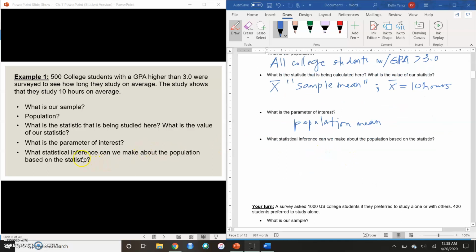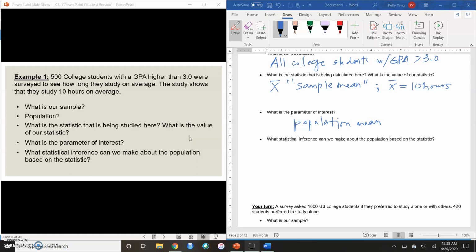Finally, being able to make a statistical inference on the population based on our statistic. Based on our statistic, we know that these 500 college students with a GPA greater than 3.0 study 10 hours on average. Using this information, what is a conclusion we can make about the population?